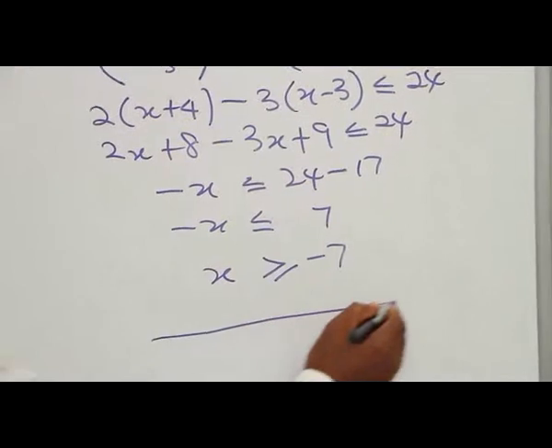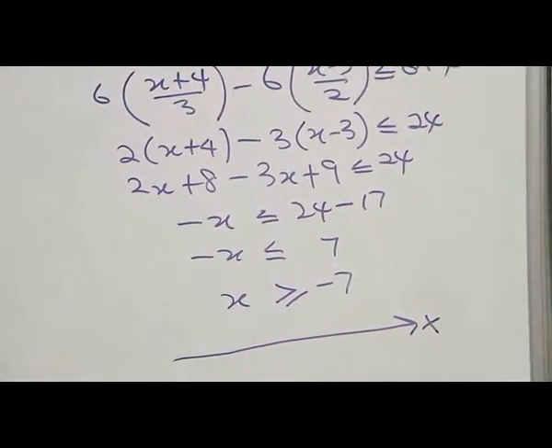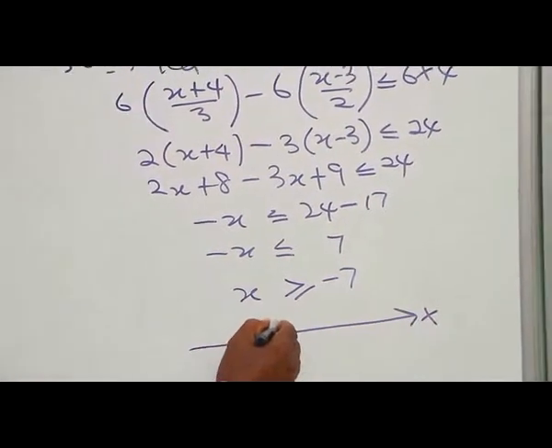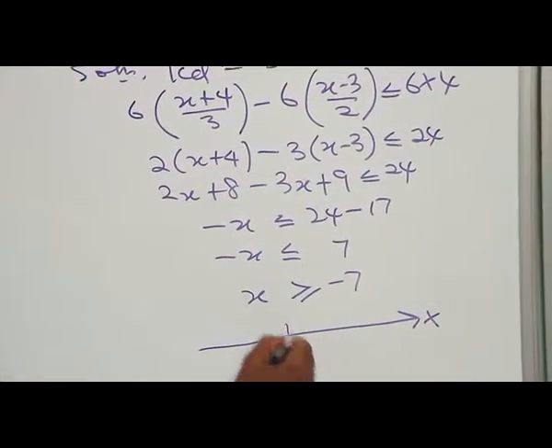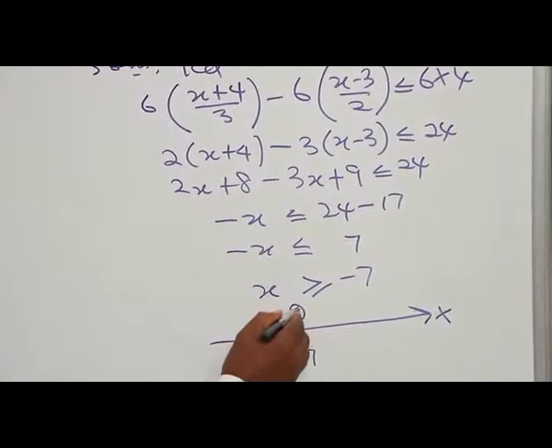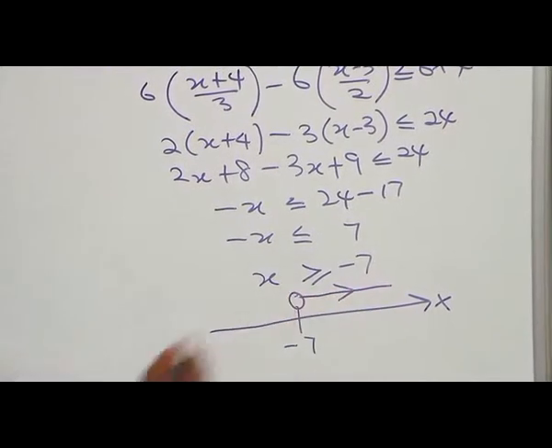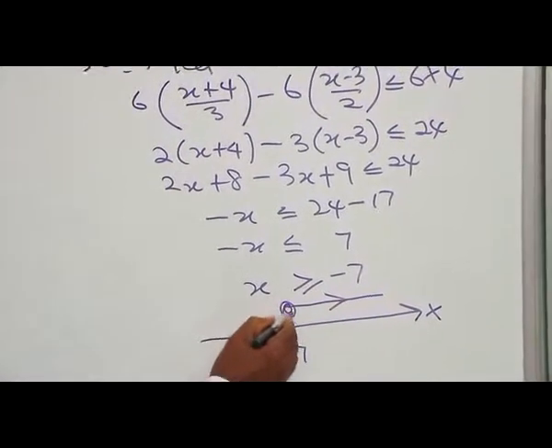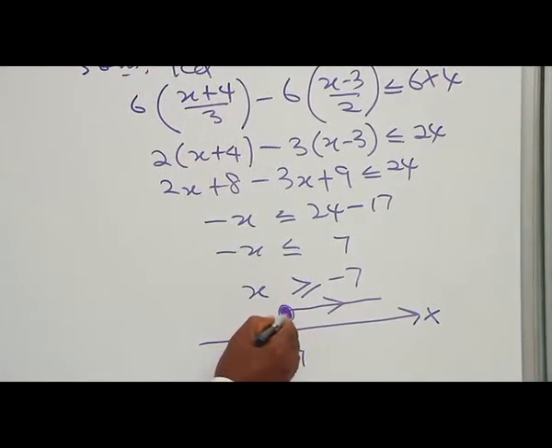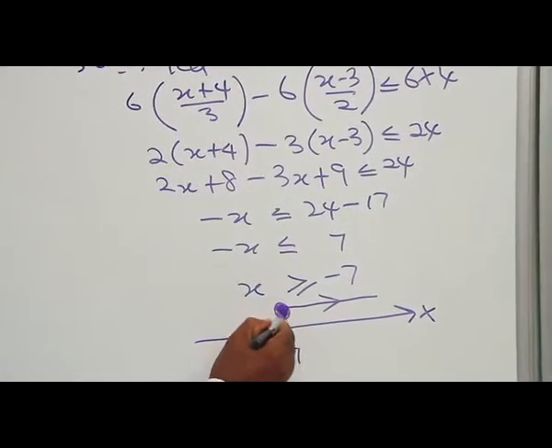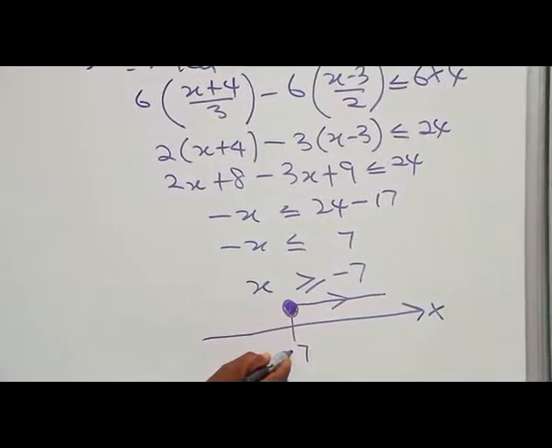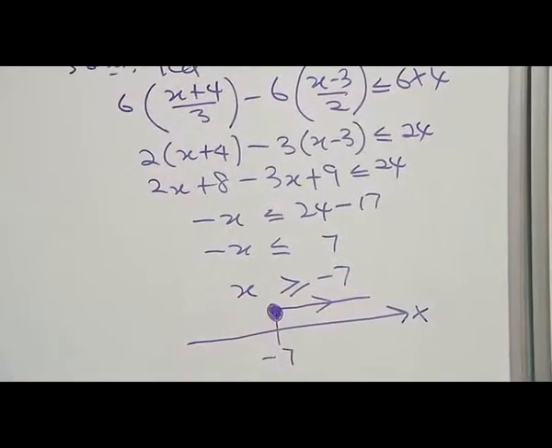And so at the end, if you have to draw your number line, then you can indicate here your minus 7, and then you put the circle, and then you draw your arrow in that direction, you put the greater than sign, and then you shade this circle. This indicates that the value minus 7 is part of the solution.